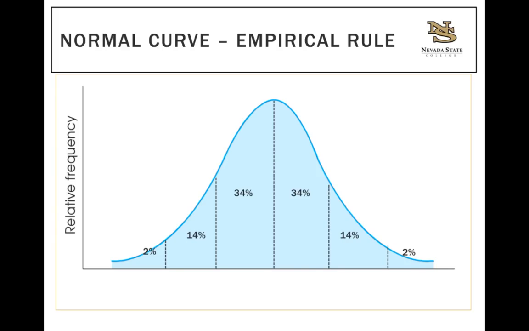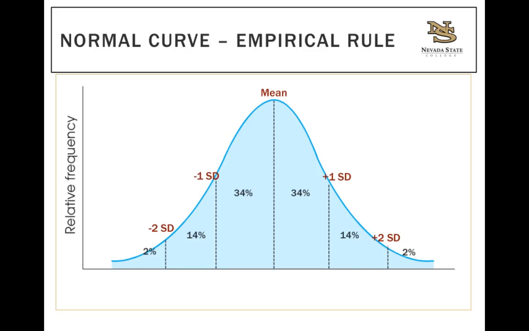So as you recall, the normal curve has most of the scores in the middle and fewer scores near the extremes, as well as being symmetrical. So as you remember, the middle is our mean. And what we know about a normal distribution is that within certain standard deviations, a certain percentage of your sample or population will be within those numbers.